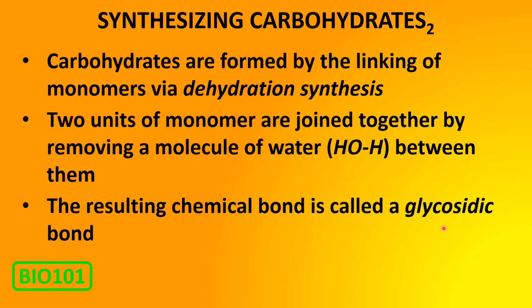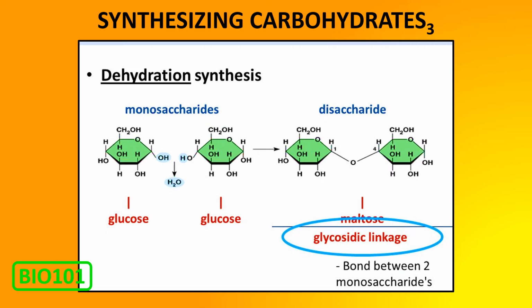So we're going to build large carbohydrates via dehydration synthesis, linking them together by removing water, and the bond that results is called a glycosidic bond. And here we go. Here we have two monosaccharides or monomers of glucose, and each of them has a little OH hanging off.